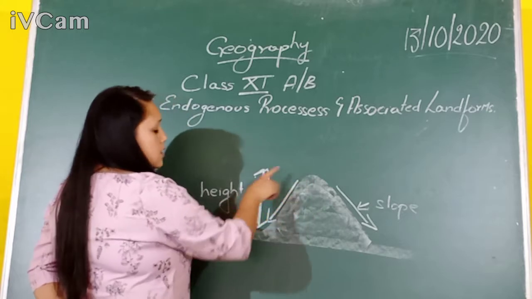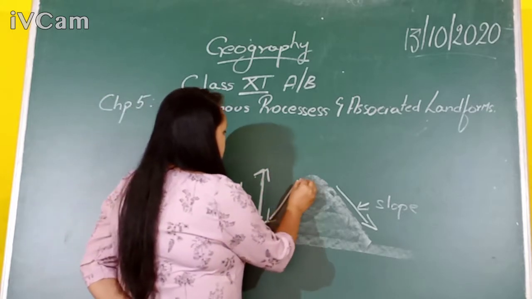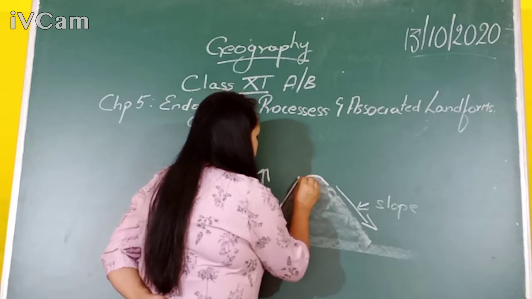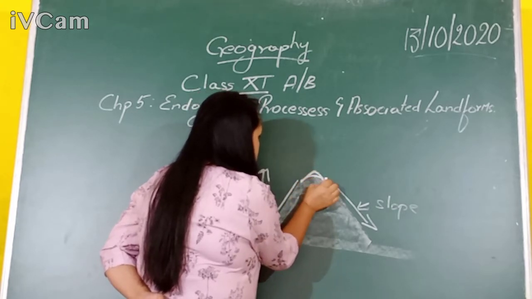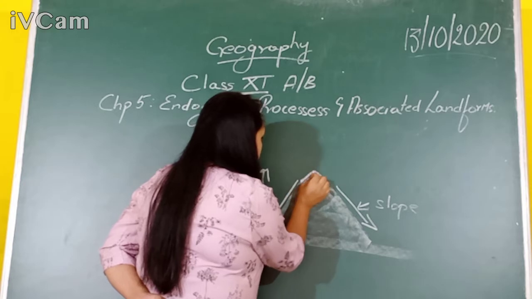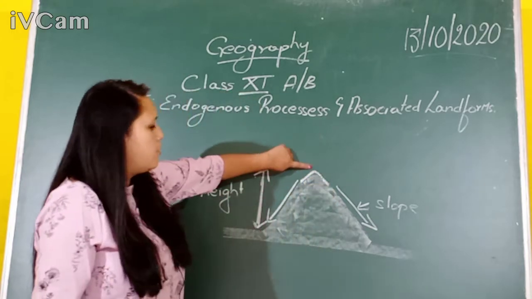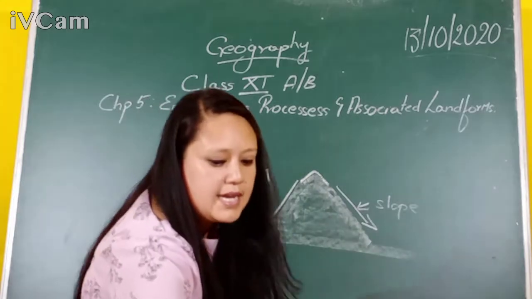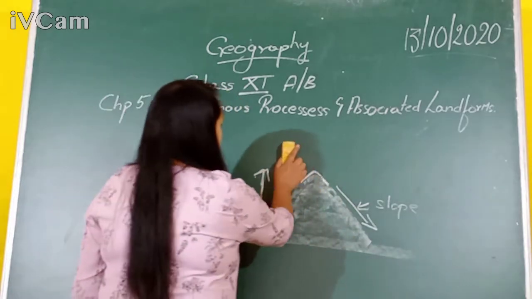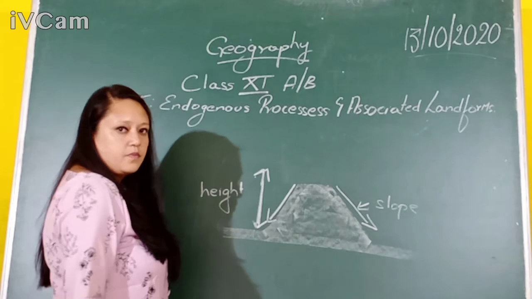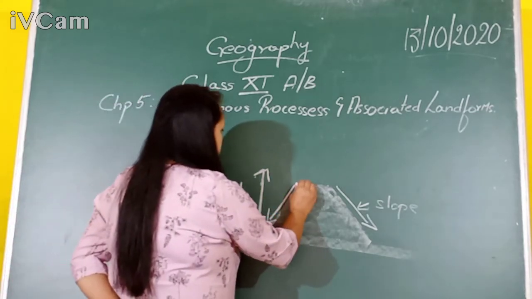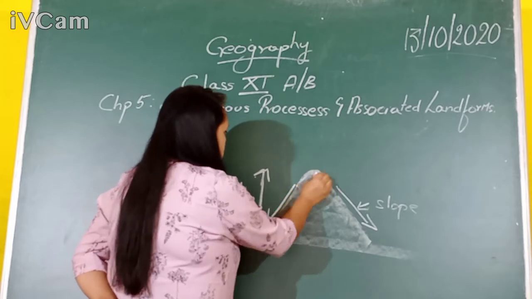and the top is either narrow, that means the breadth at the top of the mountain is not much, or sometimes it may have a flat top. It may have a flat top or it may have a narrow top.